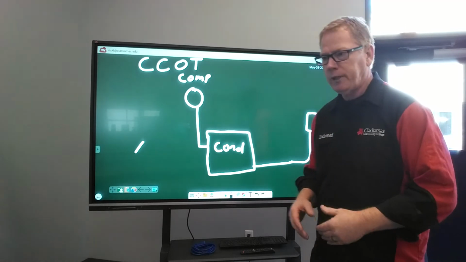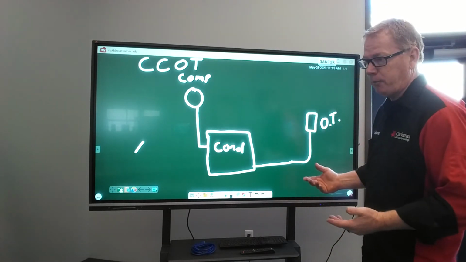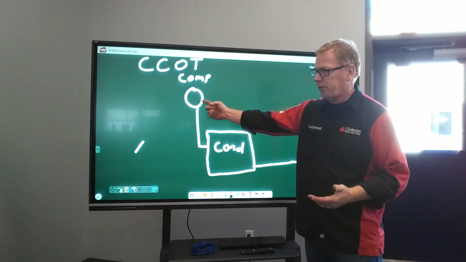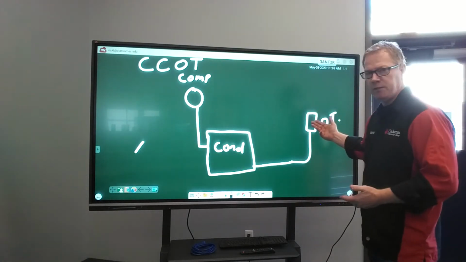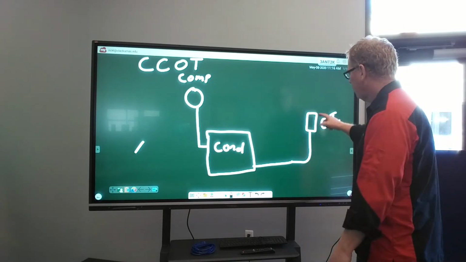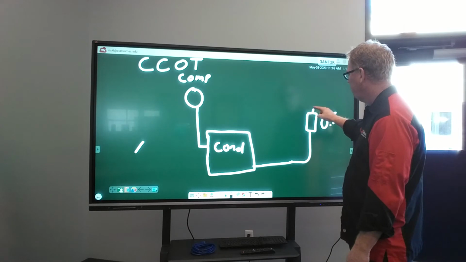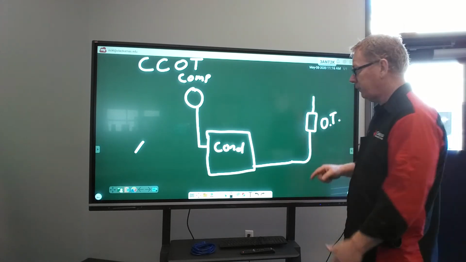Orifice tube is where we have a pressure change. So we have two locations now where we're going to have pressure change. The first being at the compressor. We go from a low pressure to a high pressure. The second is at the orifice tube. We're going to go from a high pressure to a low pressure. So as we leave the orifice tube, we are coming out as a low pressure liquid is our goal.